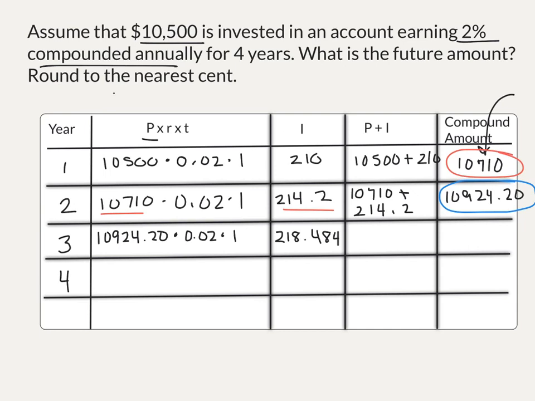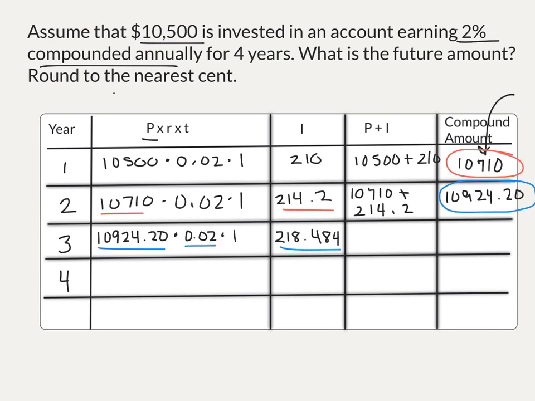So I went ahead and plugged in that value for P in my next iteration, and I'll multiply it by the interest rate of 0.02. And we get an interest amount of $218.484, and we don't want to round any decimal until we reach our final answer.